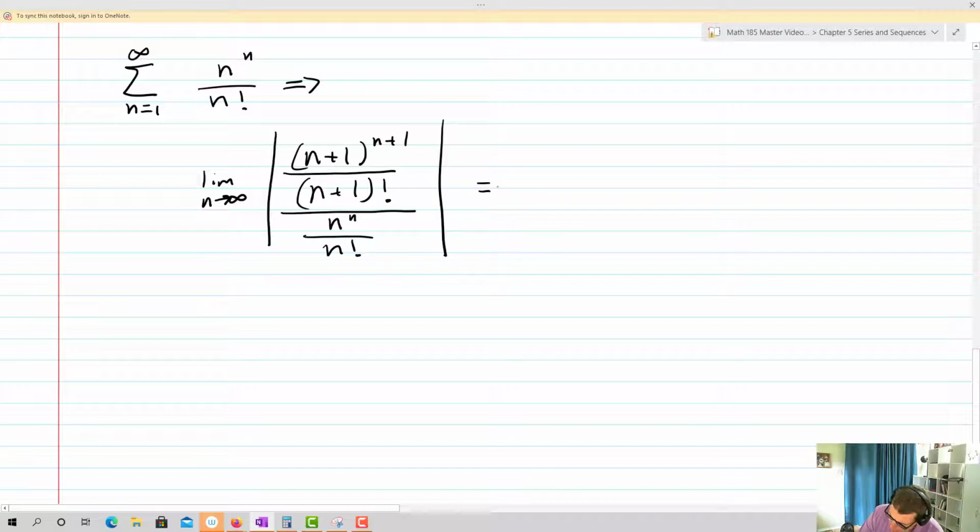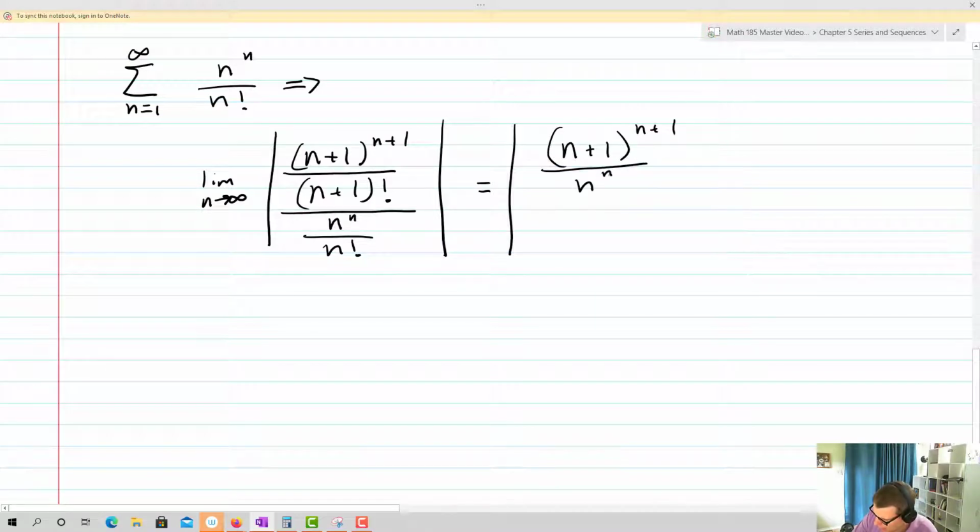And this is then going to be equal to n plus 1 to the n plus 1 over n to the n, divided by n plus 1 factorial over n factorial.